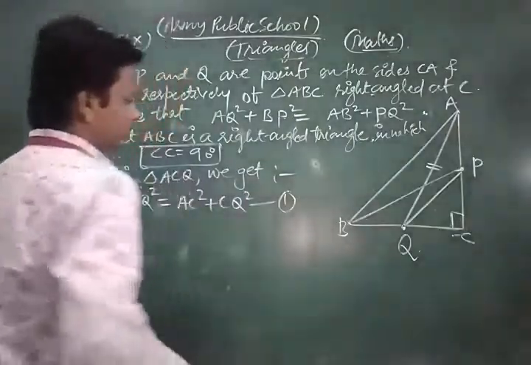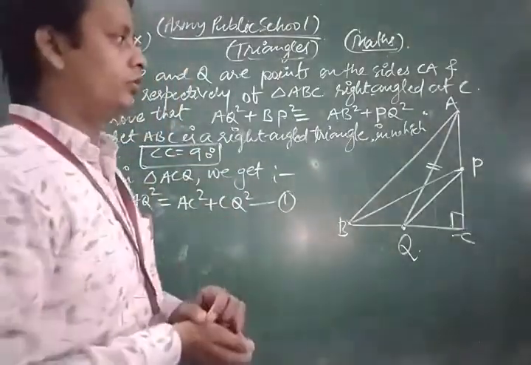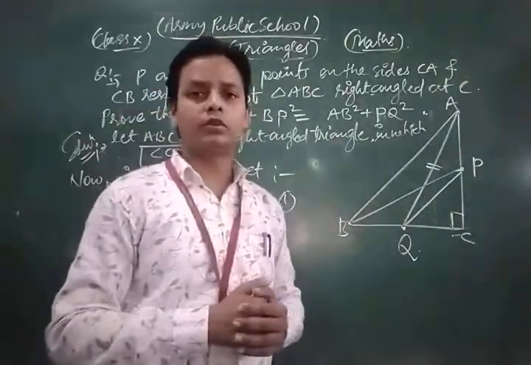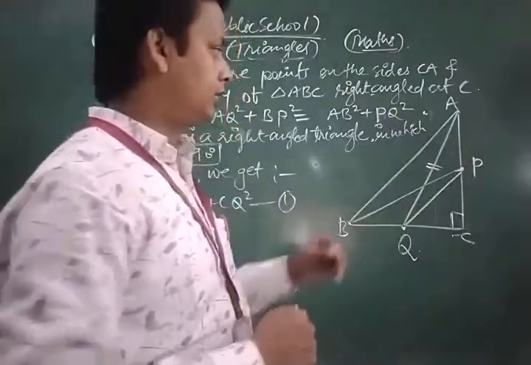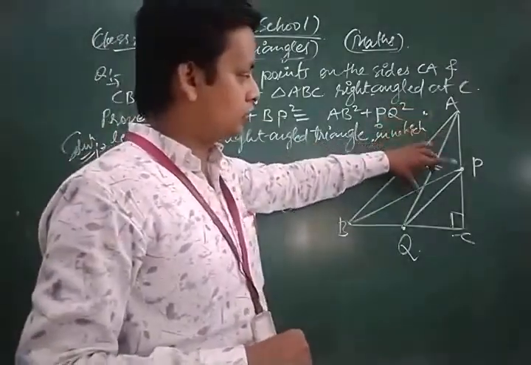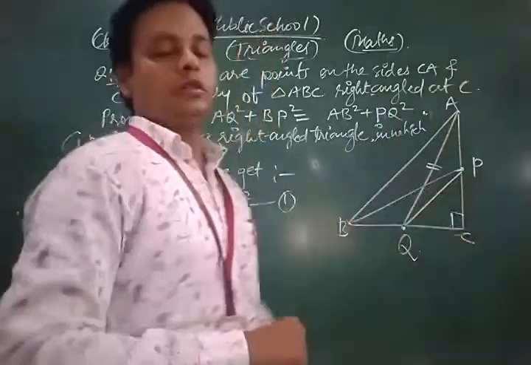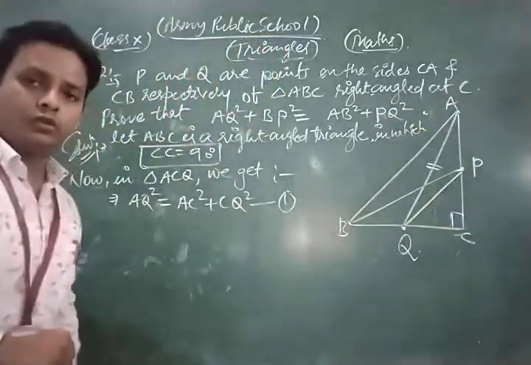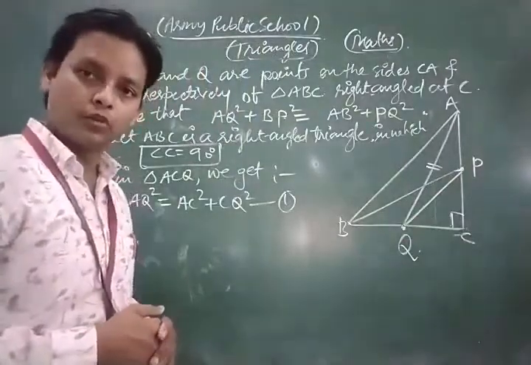Take equation number 1. You know that according to Pythagoras theorem, the square of the hypotenuse is equal to the sum of the squares of the other two sides of the triangle. So according to that, AQ square is equal to AC square plus CQ square.